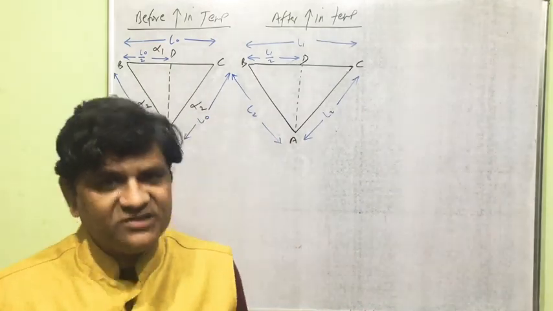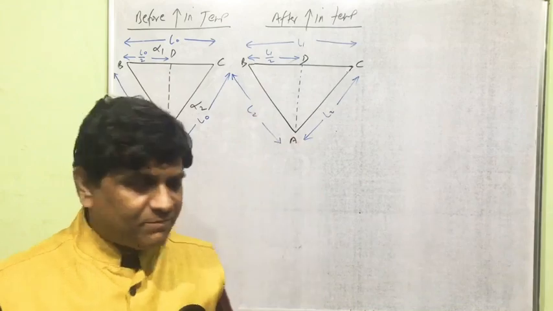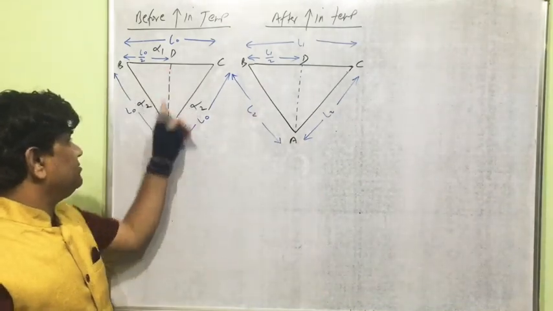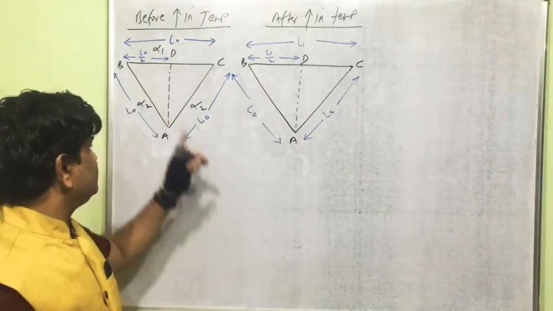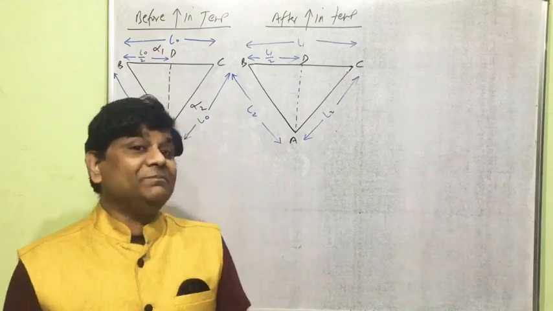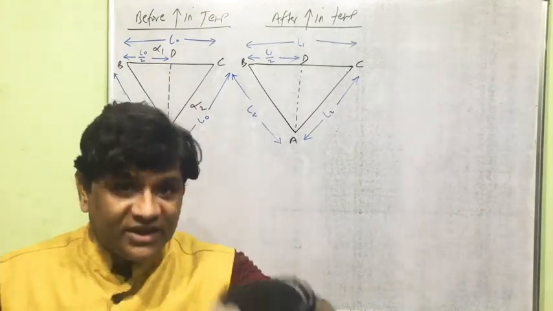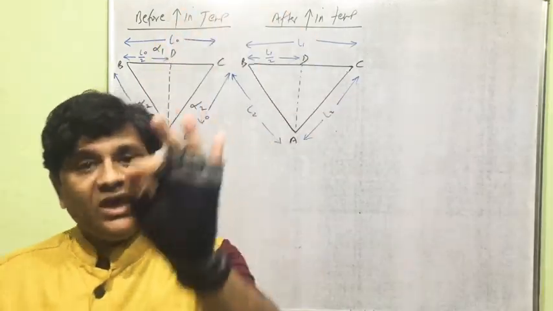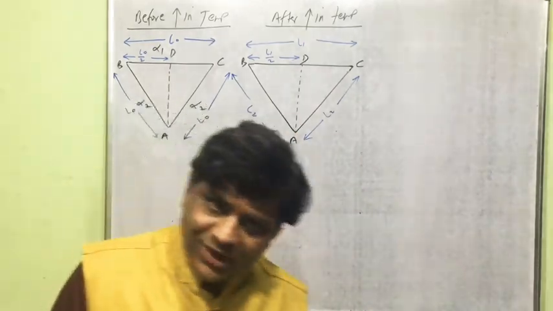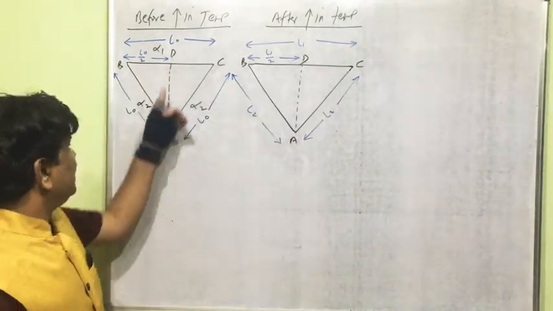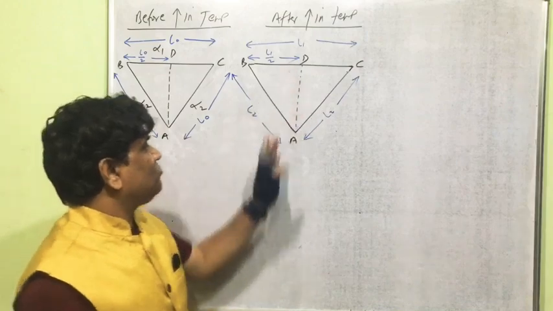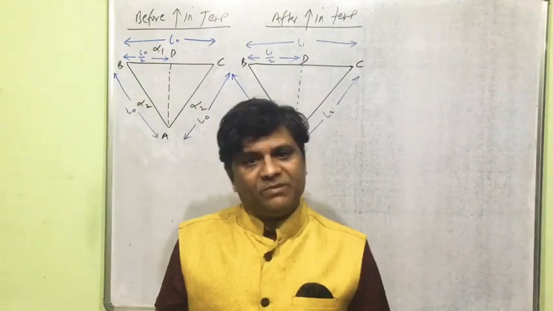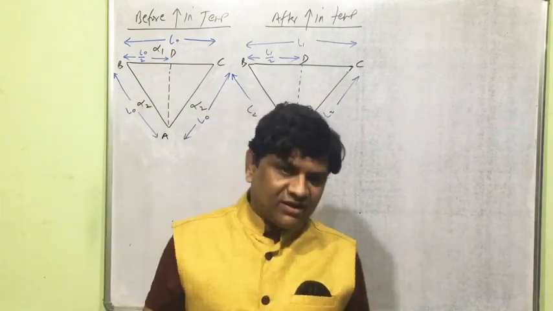Now, the question mentions that with increase in temperature, AD remains the same. So AD before rise in temperature must be equal to AD after rise in temperature, according to the question, and that part we will take in class now.